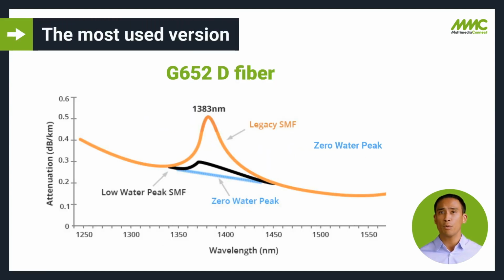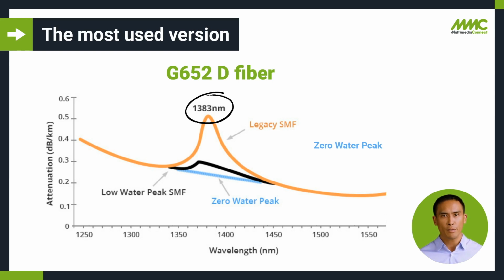This version has what is called the zero water peak, meaning a small water peak. This fiber will eliminate the water peak and have a better transmission over the entire wavelength band. Indeed, the water peak causes attenuation on a given wavelength, namely 1,383 nanometers.